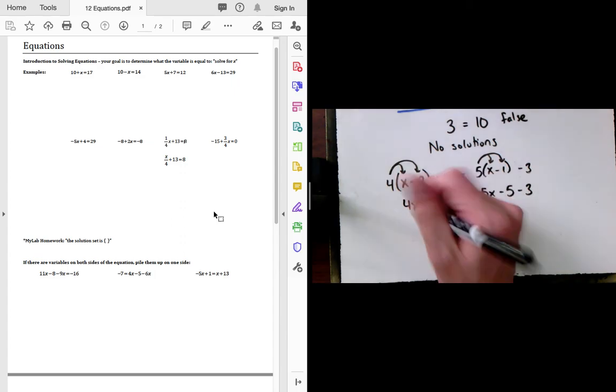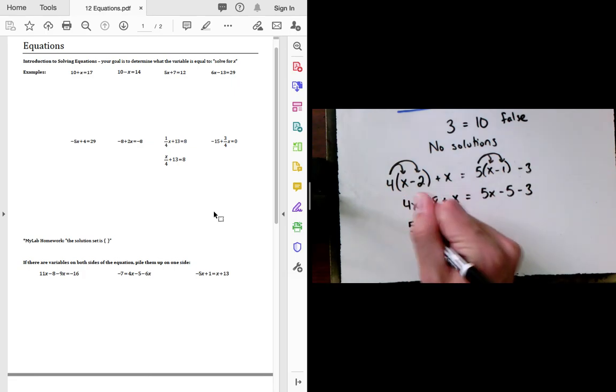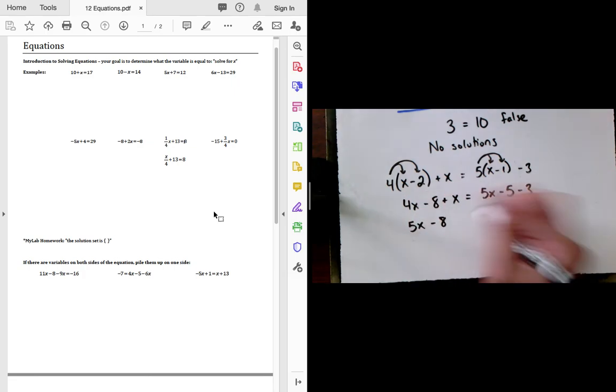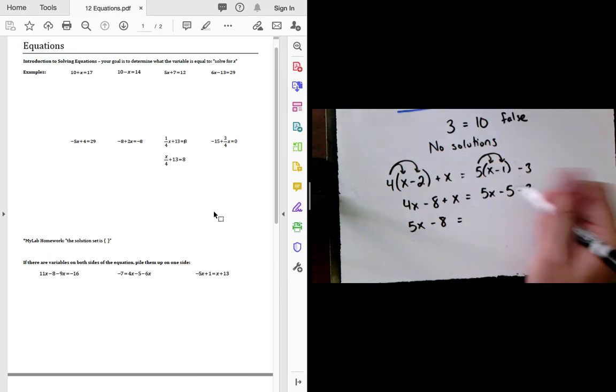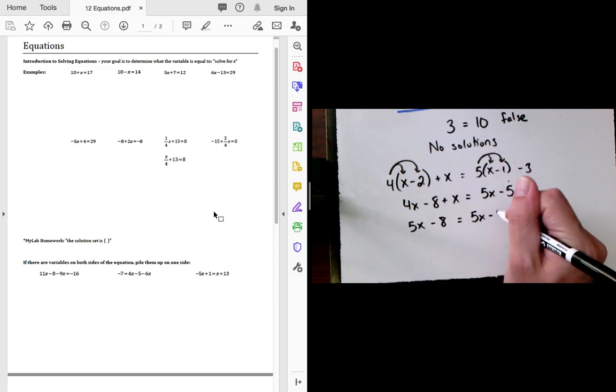Then we can combine like terms. On the left-hand side, we have a 4x plus x, which is going to give us 5 of them. On the right-hand side, we can combine our minus 5 and our minus 3, and we get a negative 8.